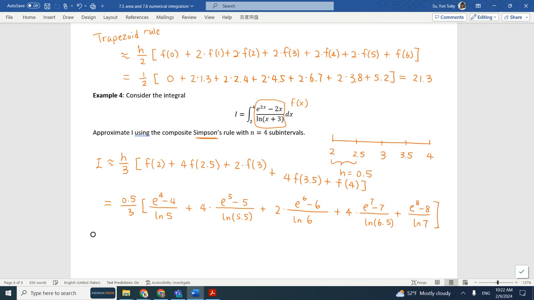Yes. Right. Now plug this in your calculator. Make sure you put parentheses if you multiply by 4. You probably also need parentheses here as well, because you have this whole thing divided by ln 5. Okay. And let's see, what do you get?